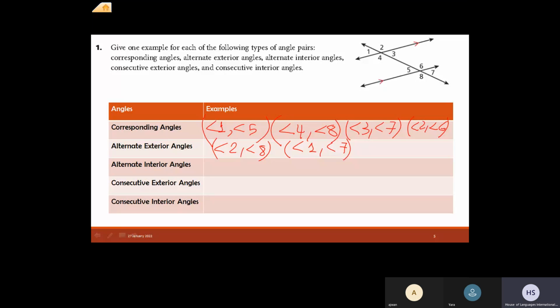Mayar, alternate interior angles now. They are inside, but what? Opposite. 4 and 6, bravo. And 3 and 5.